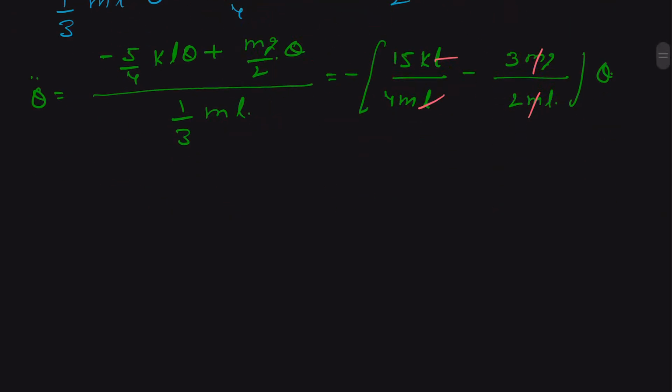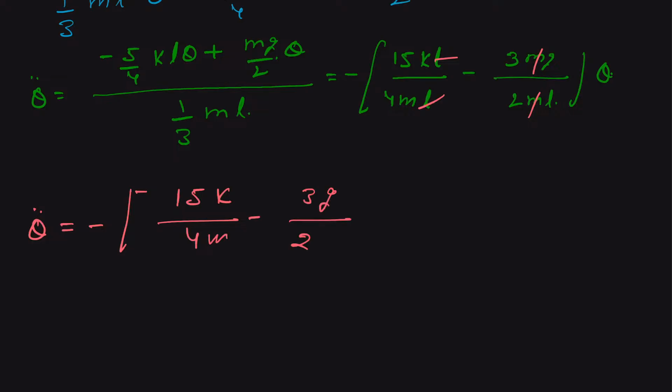So we get the double derivative of theta will be equal to minus, 15k divided by 4m minus 3g over 2L, times theta. Let me write it moving towards the left side. So this will be a plus and equal to 0.